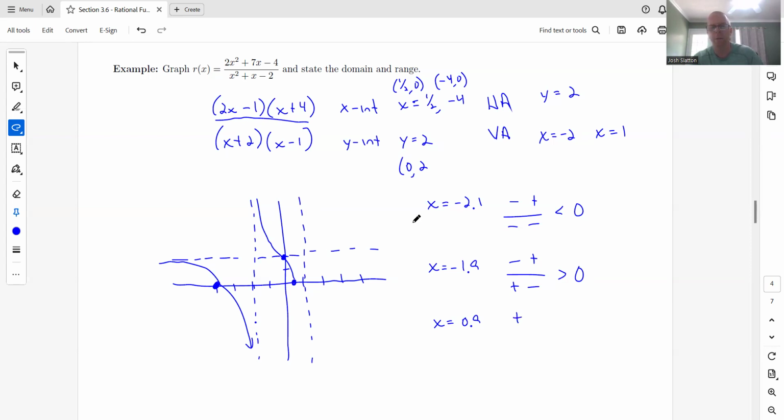So that'll give us a positive. 0.9 plus 4, positive. And 0.9 plus 2, that's positive. And then 0.9 minus 1, that's a negative. So this one is negative. And so it's going to come all the way down. And you can't really assume anything.